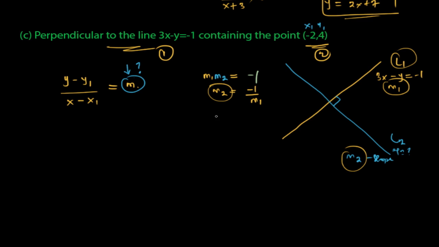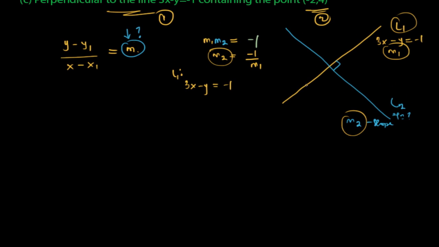The equation we are given for line L1 is 3x minus y equals -1. Now to find the slope of this line, I need to write it in the form y equals mx plus b. I need to write this in slope intercept form, because we know that m is the slope and b is the y-intercept.